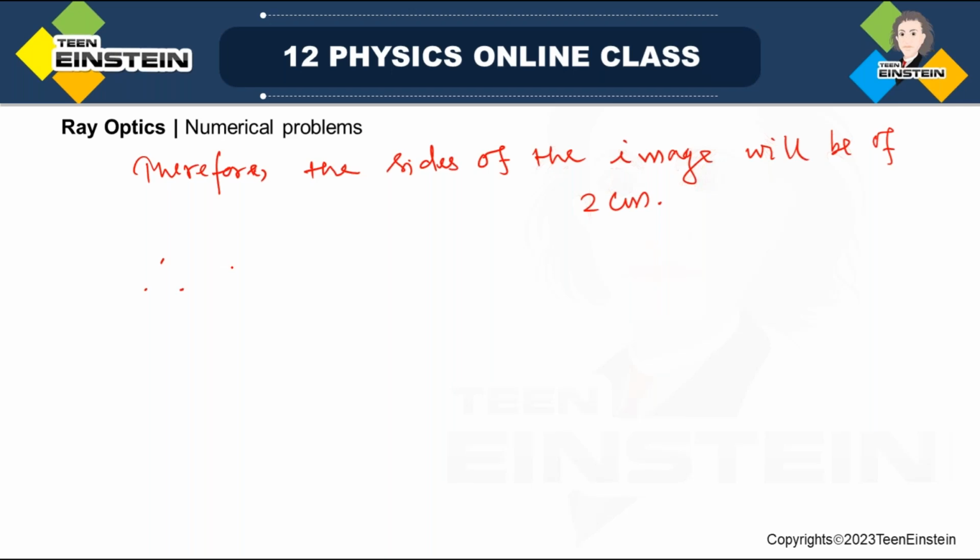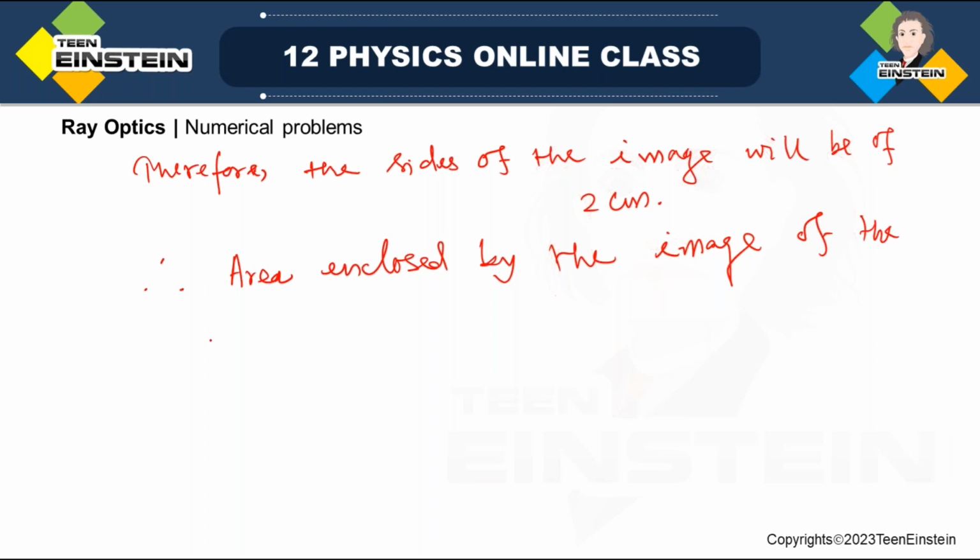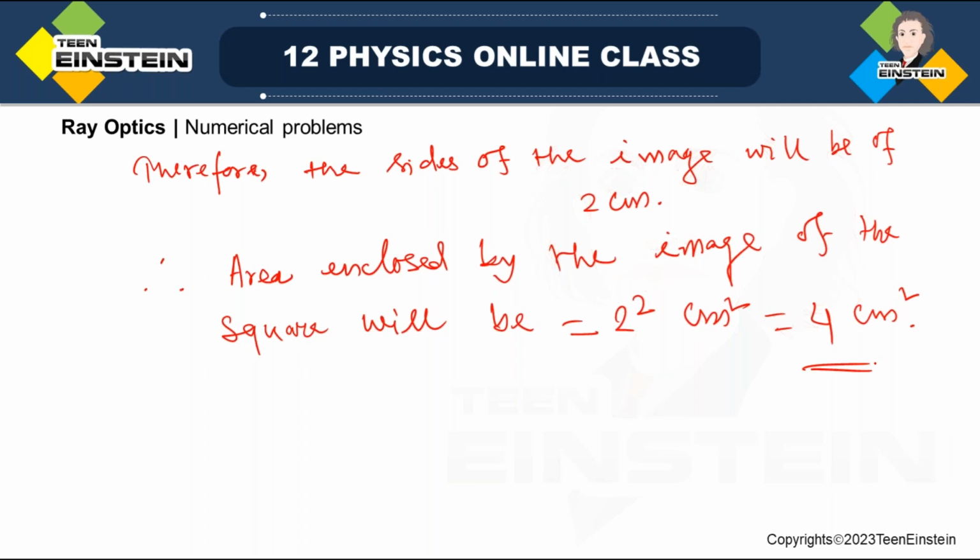Therefore the area enclosed by the image of the square will be 2 square centimeter, right? That is 4 centimeter square. Okay, this is the answer actually.